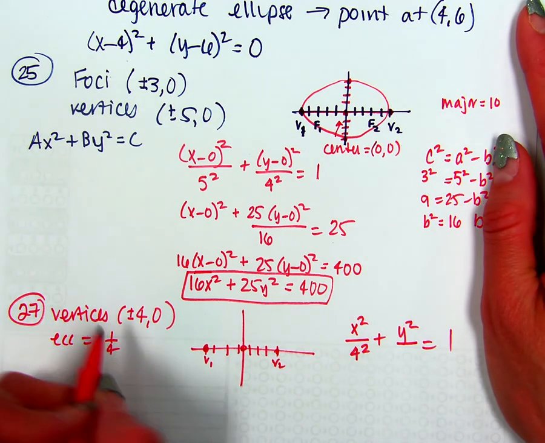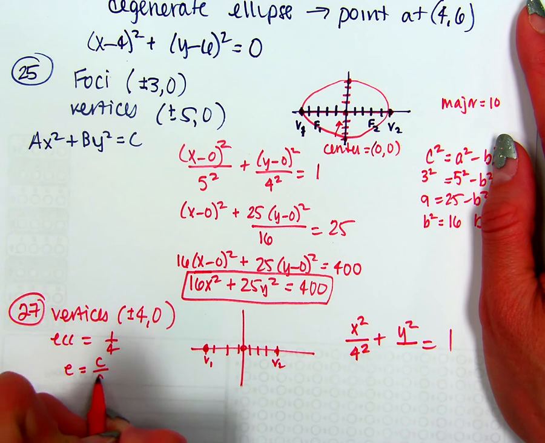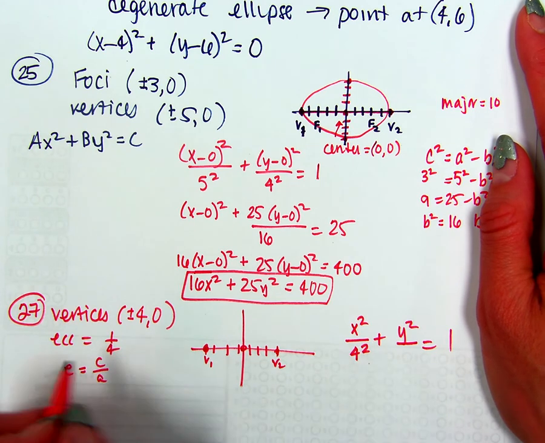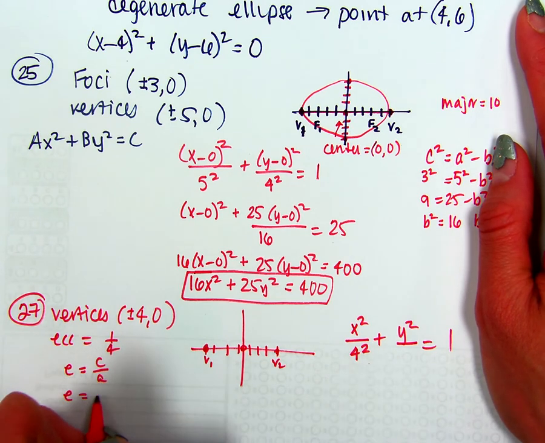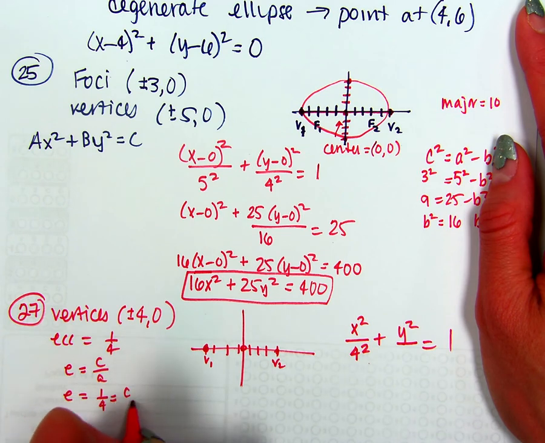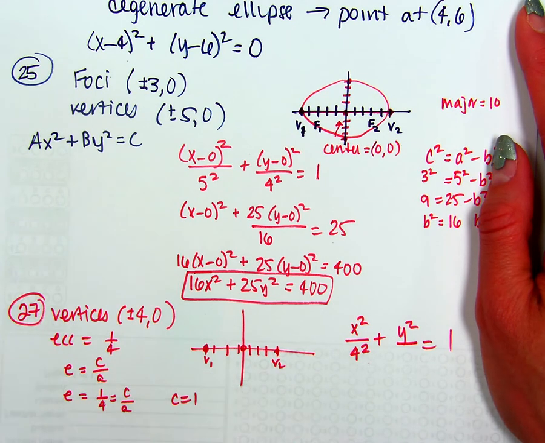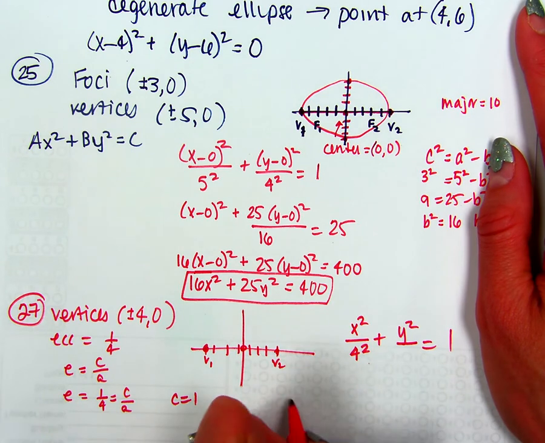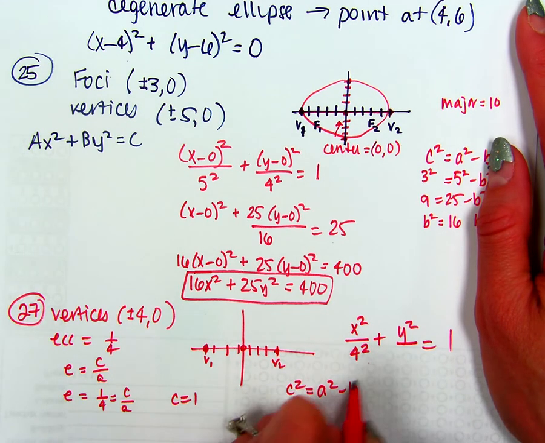The formula for eccentricity is e equals c over a. And I know that a is 4, so I've got e equals 1 over 4. That must mean that c is 1 and a is 4. So now I know c equals 1. Based on that, I can figure out my b value. So c squared equals a squared minus b squared.